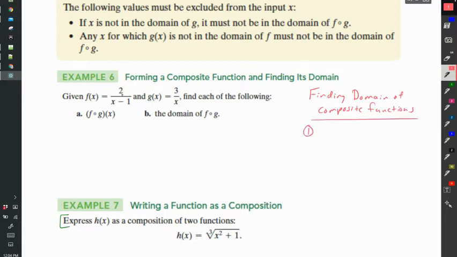I mean, simple steps, not necessarily easy, but simple. Step 1, you're going to just find f of g of x, but don't simplify. We don't want to simplify. We have to keep things kind of pieced out. We don't want to start combining stuff.